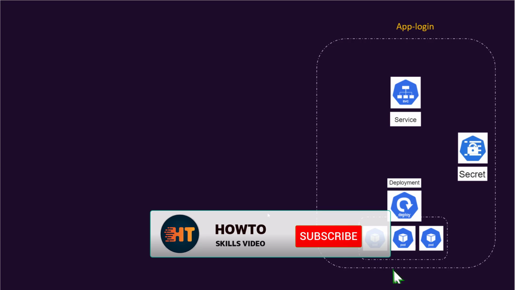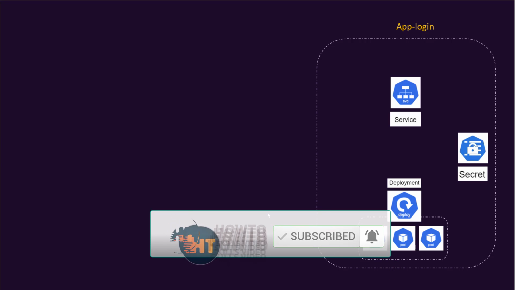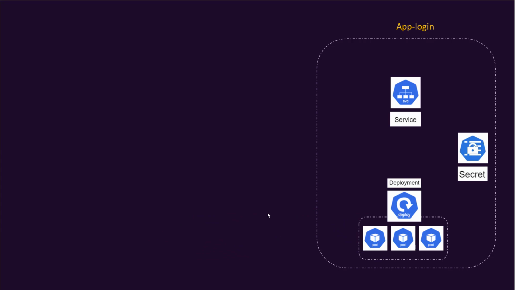The image is ready and I published it inside the GitLab image registry. To deploy this image as an application on the Kubernetes cluster with 3 replicas, I need to have a deployment manifest.